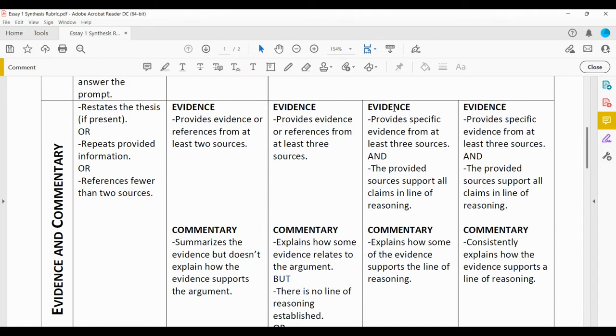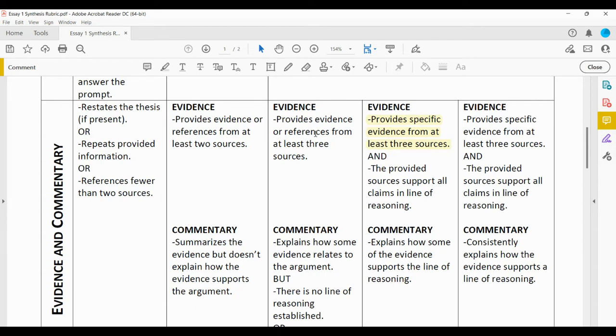So, in order to earn a 3 for evidence, you need to provide evidence from at least 3 sources. You will be provided multiple sources, usually 8 or 9. Don't try to use them all. You just need to use 3. However, you must use at least 3.